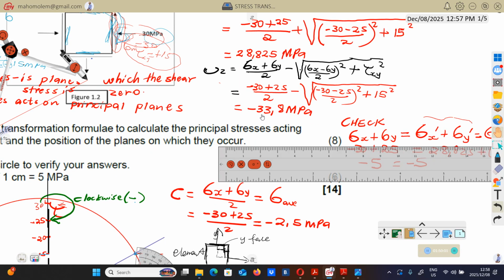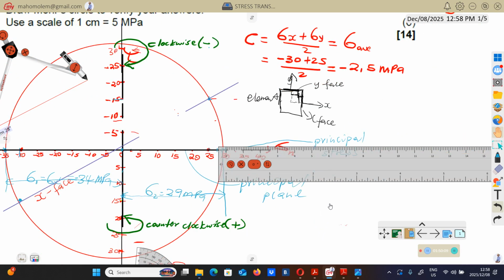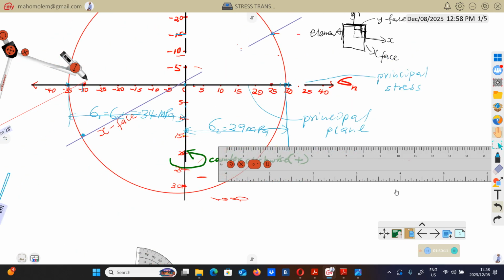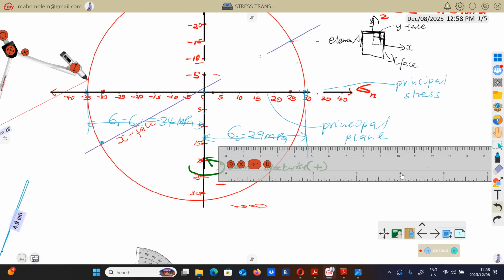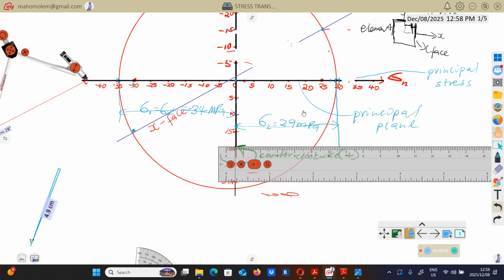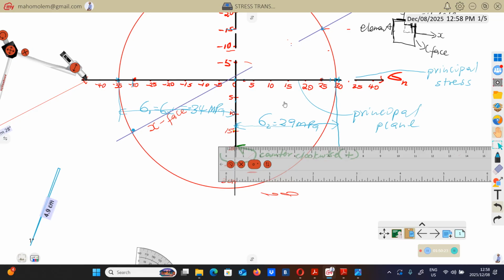Via calculations, we got 33.8, which is negative 34. So yeah, our answers are corresponding with the analytical ones.